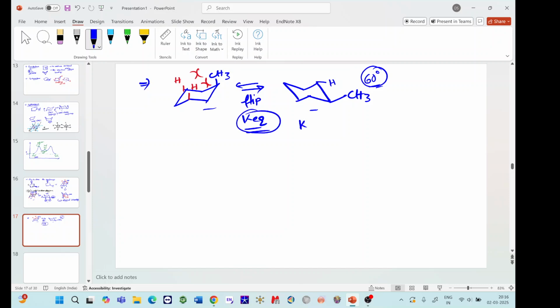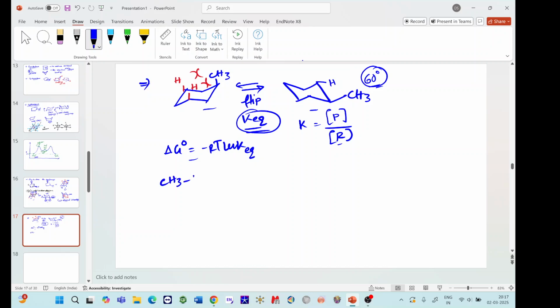The rate constant is proportional to the product concentration and reactant concentration, and you can calculate this delta G, that is your free energy change, is minus RT ln K equilibrium.